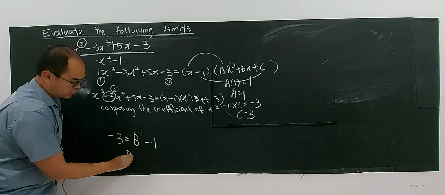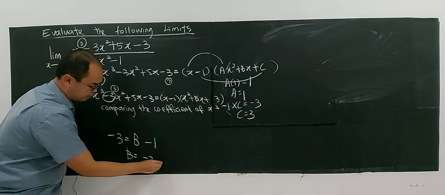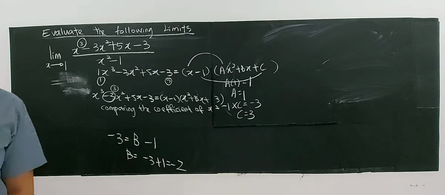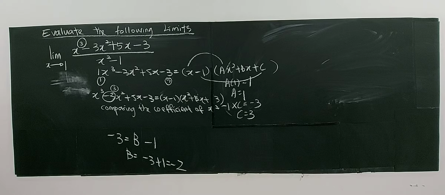So the b will be negative 3 plus 1, which gives you negative 2, right? You are getting negative 2 here.